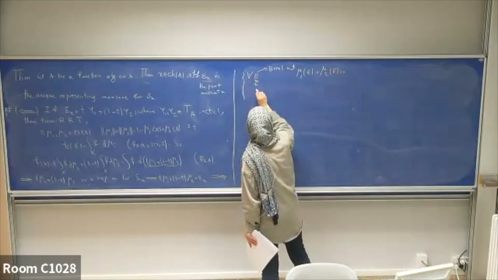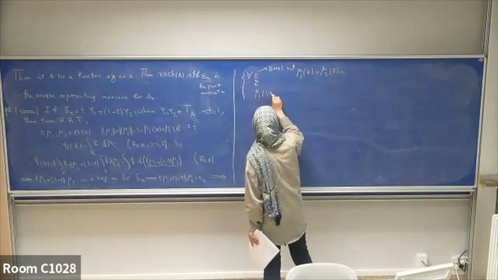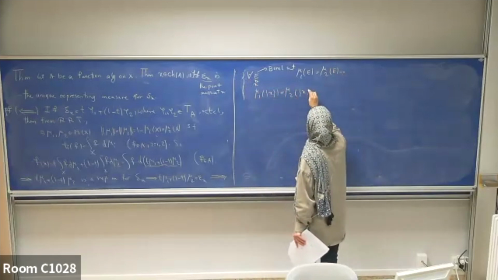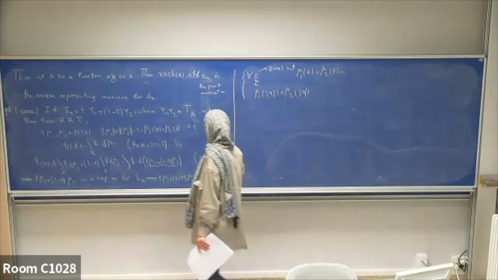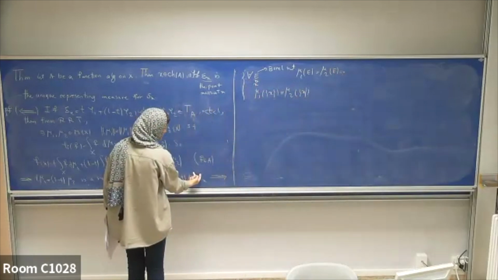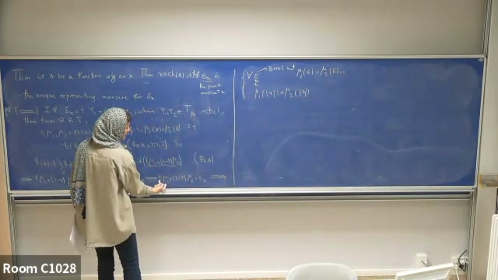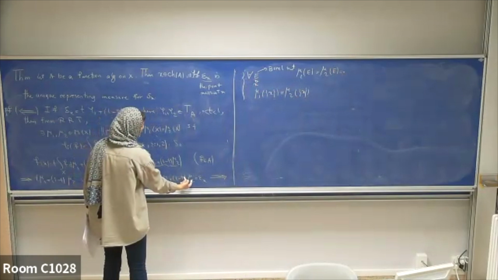And also mu1 of x, mu2 of x, this is 1. And so mu1 of E is at most 1, mu2 of E at most 1.